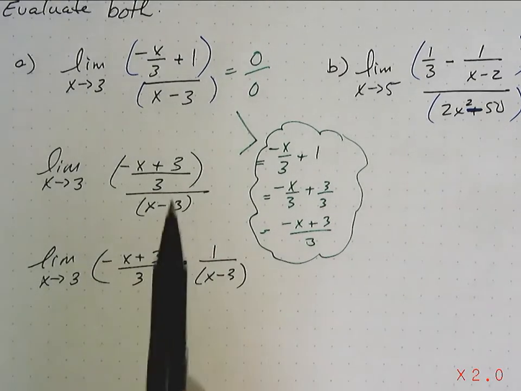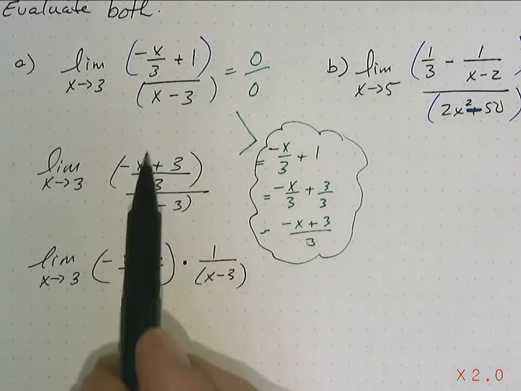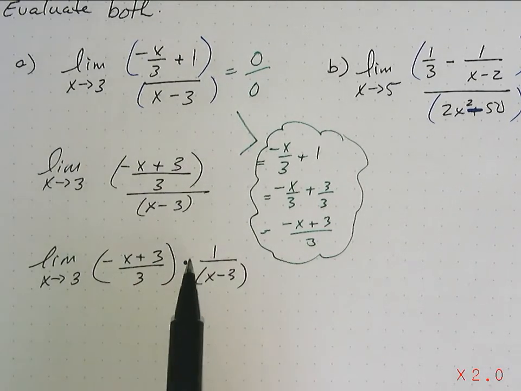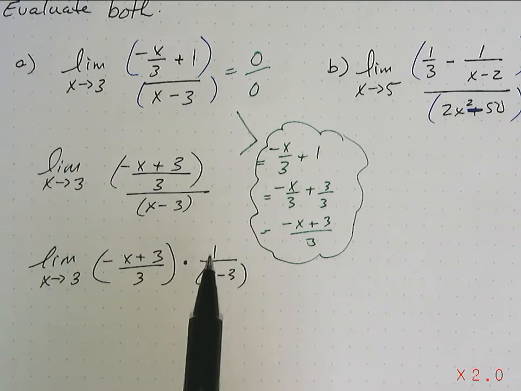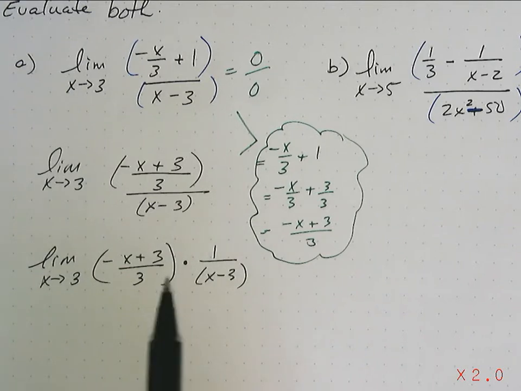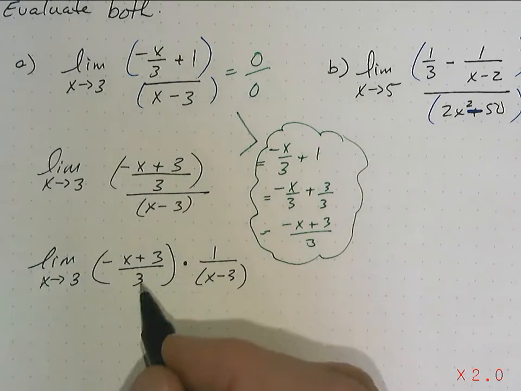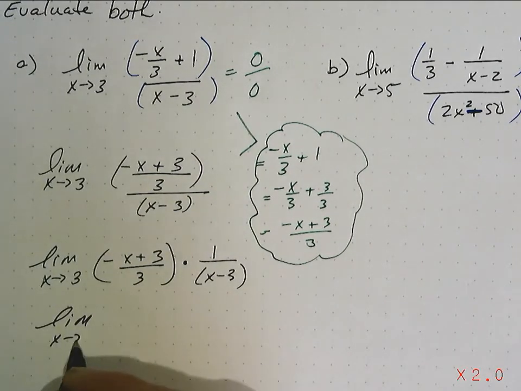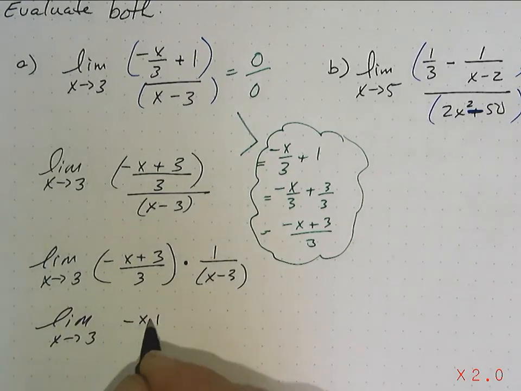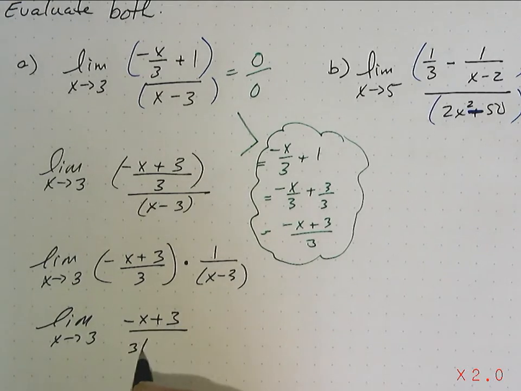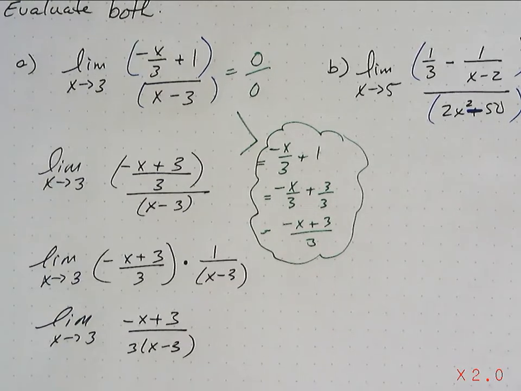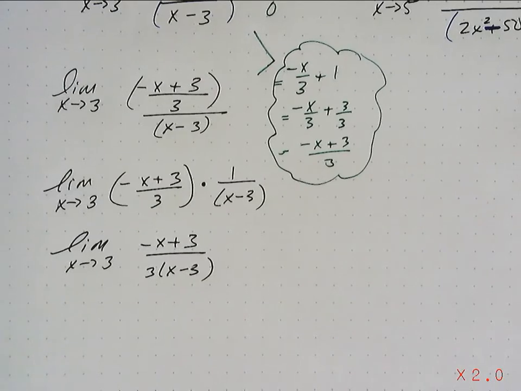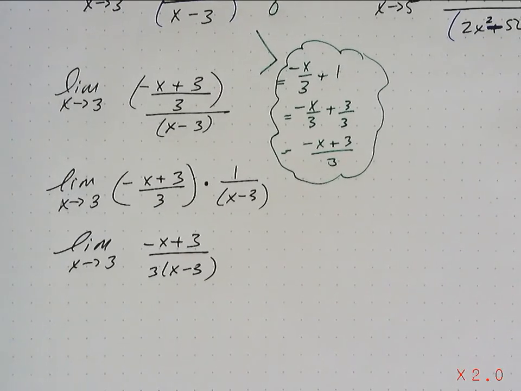So I took the numerator out and I'm multiplying it by the reciprocal of the denominator. If I multiply using fractions, it would be top times top, bottom times bottom. So this now becomes the limit as x approaches 3 of (negative x plus 3) over (3 times (x minus 3)). I'm just using some algebraic manipulations here that I hope you're comfortable with.